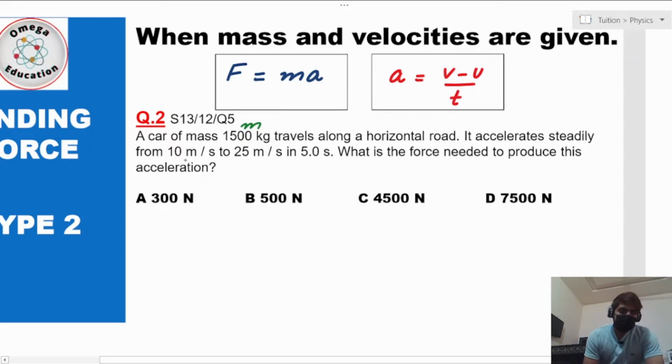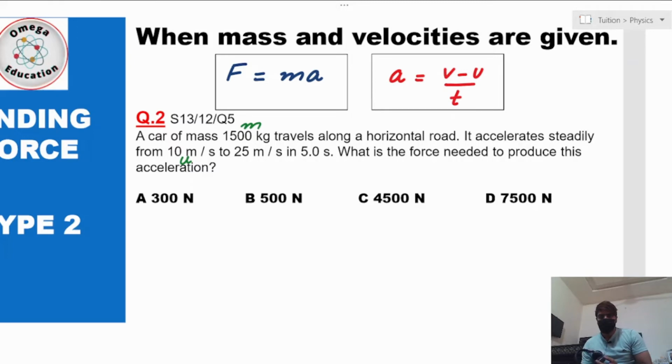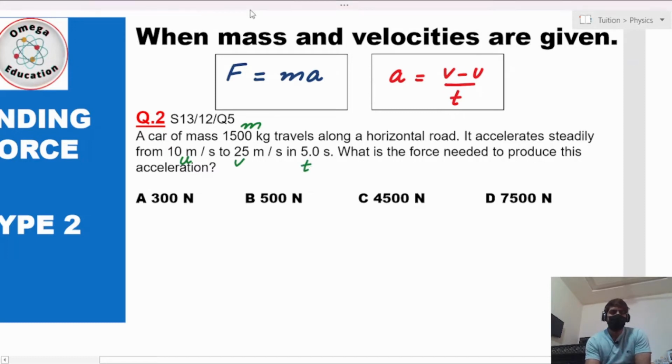So it accelerates from 10 to 25. Starting from 10 means this is your initial velocity u, and 25 is your final speed, final velocity v. In how many seconds? In 5 seconds. So this is your value of t. All right. So first of all, you can quickly find the acceleration, and then you can plug it in the main formula.